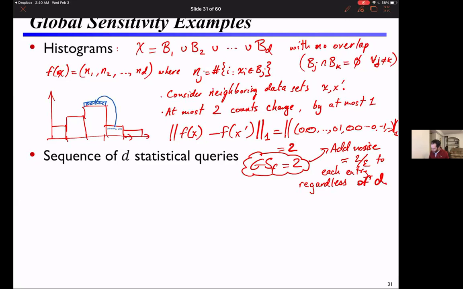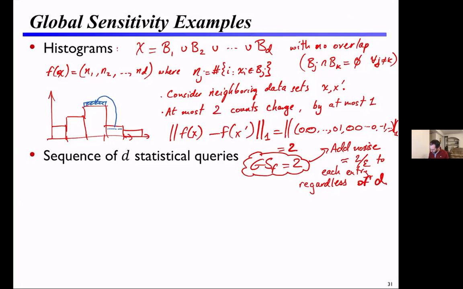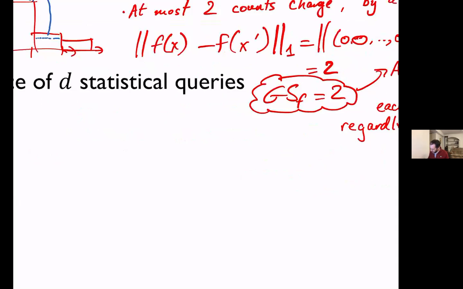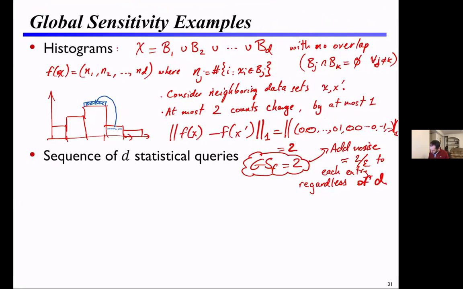Okay, another thing we could look at is a sequence of what we'll sometimes call statistical queries. So these are just counting queries, counts. These are really just a fancy name for averages of bounded functions.